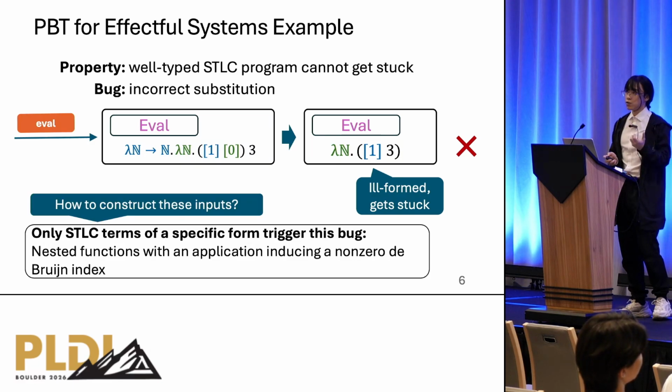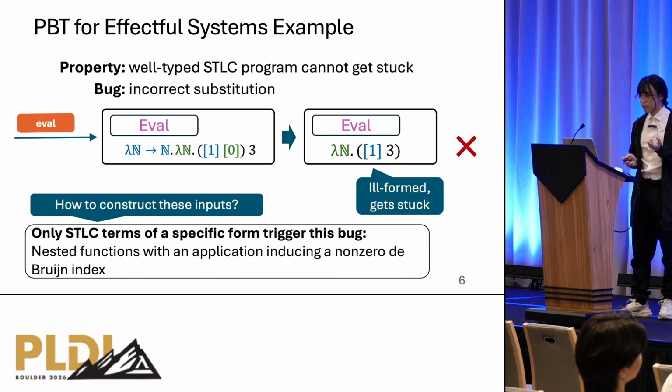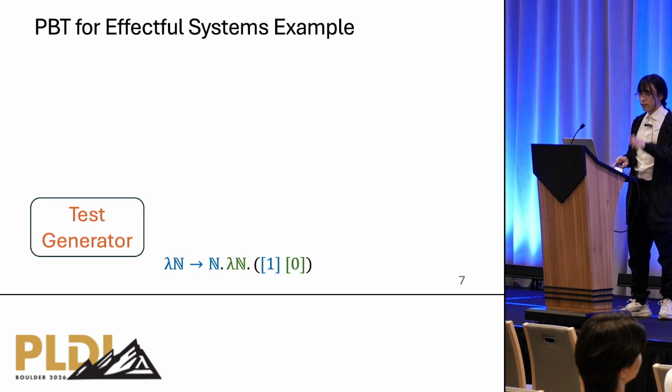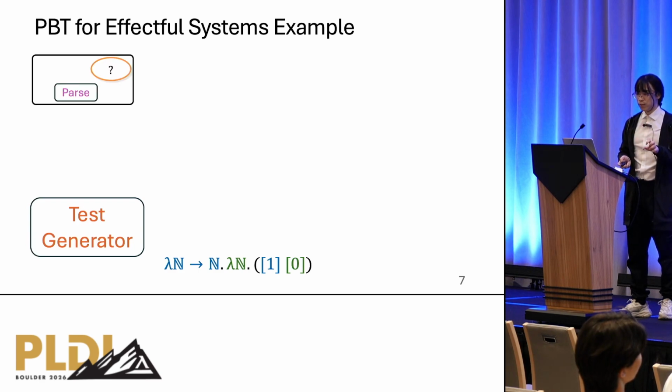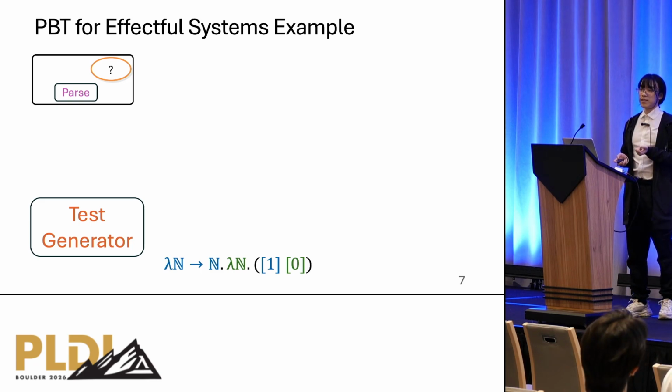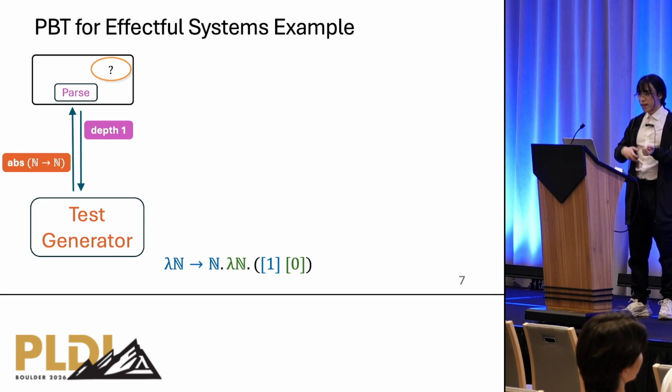So how can we construct such input? For effectful systems, we still don't directly provide the AST. In order to construct this nested function, the test generator interacts with the system. Assume the system originally stores an AST with an unknown node, and the test generator says, I want an abstraction with an int-to-int type.